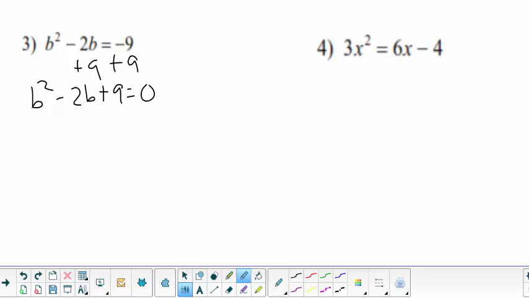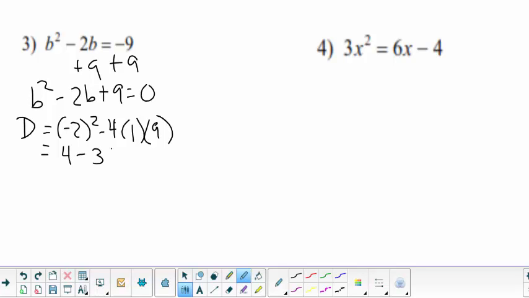Now let's find the value of our discriminant. Our discriminant, remember, is b squared minus 4 times a times c. So that would give us 4 minus 36, which equals -32.